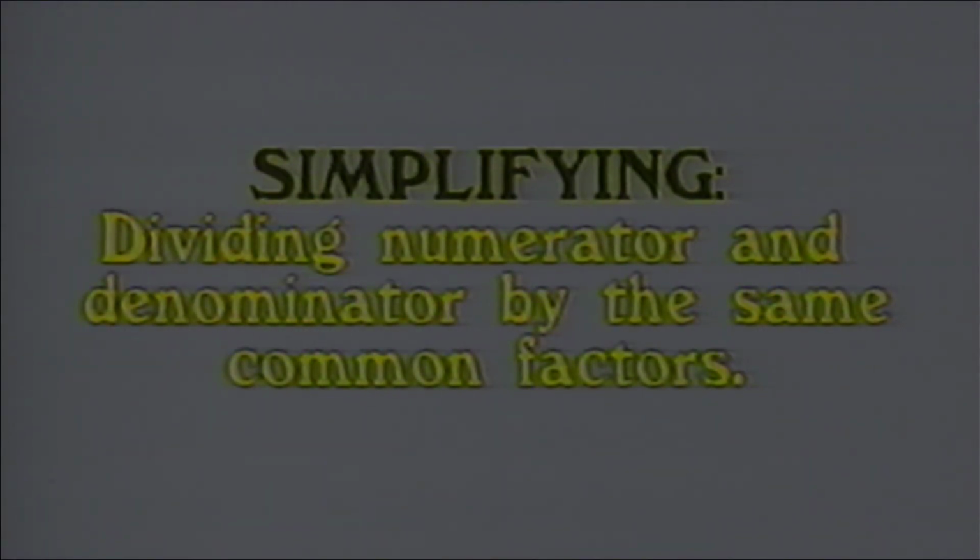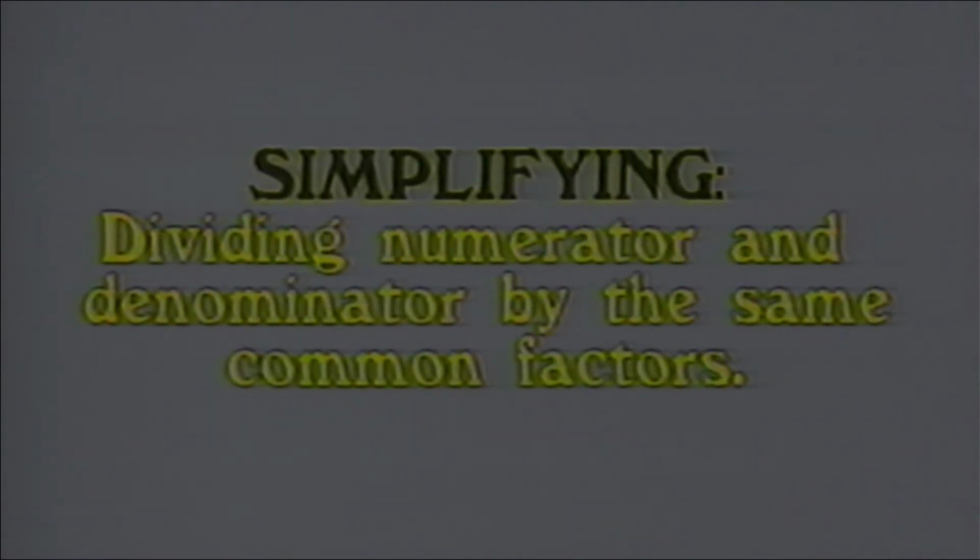In multiplying fractions, it's often easier to remove common factors in the numerator and denominator before multiplying. This is called simplifying. We divide the numerator and denominator by the same common factors. This is the same procedure we used to reduce fractions in an earlier part of the math report.